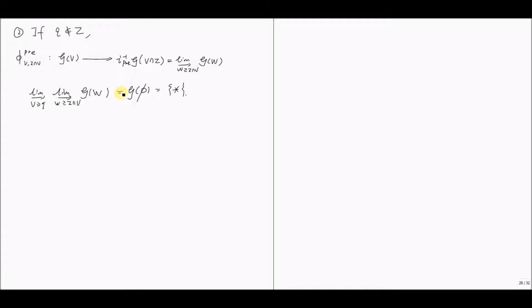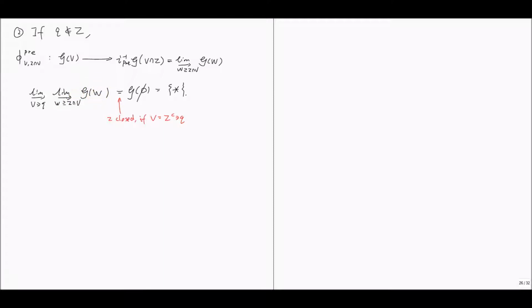This is because since Z is closed, if we take V to be the complement of Z, which is still an open neighborhood of Q, you will see this intersection becomes the empty set. And let W take this empty set, and we get our colimit.